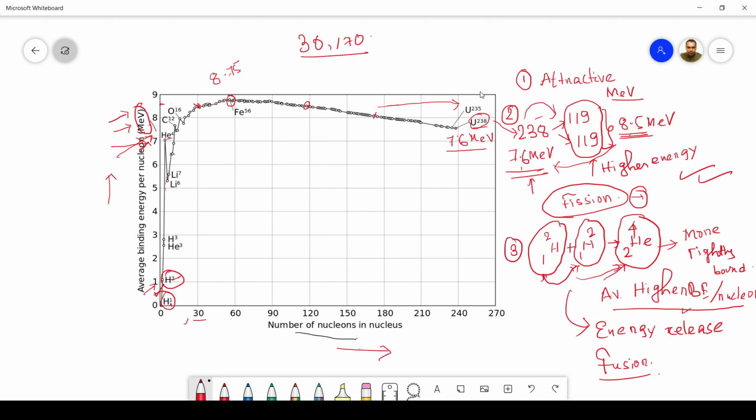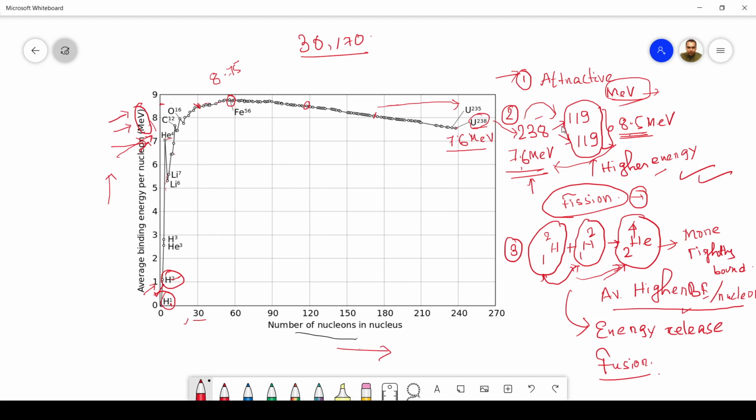There are attractive forces between the nucleons, and when you separate them, energy values in the mega electron volt range are required. If you break a heavier nucleus to form lighter nuclei, the lighter nuclei are more tightly bound with respect to the heavier nucleus. Take the example of uranium 238.